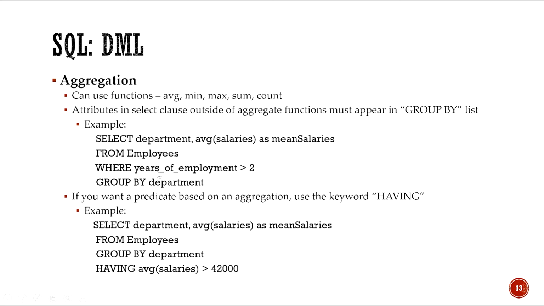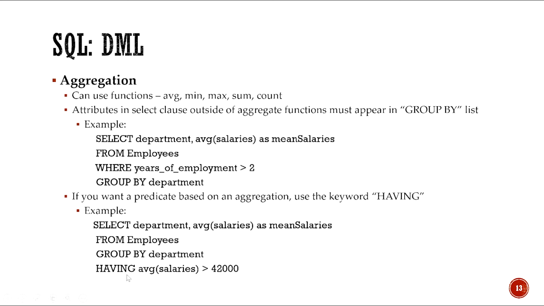Previously, we talked about using the where keyword to filter results. We cannot use where to filter based on the result of a function. In this case, the filtering condition based on the function needs to be specified after the group by phrase, and having is used to filter based on the result of a function, and you can see here.